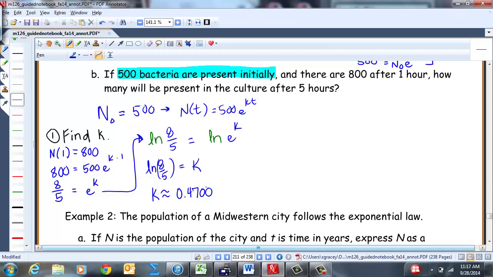Now our job is to answer this last question: how many bacteria will be present in the culture after 5 hours?